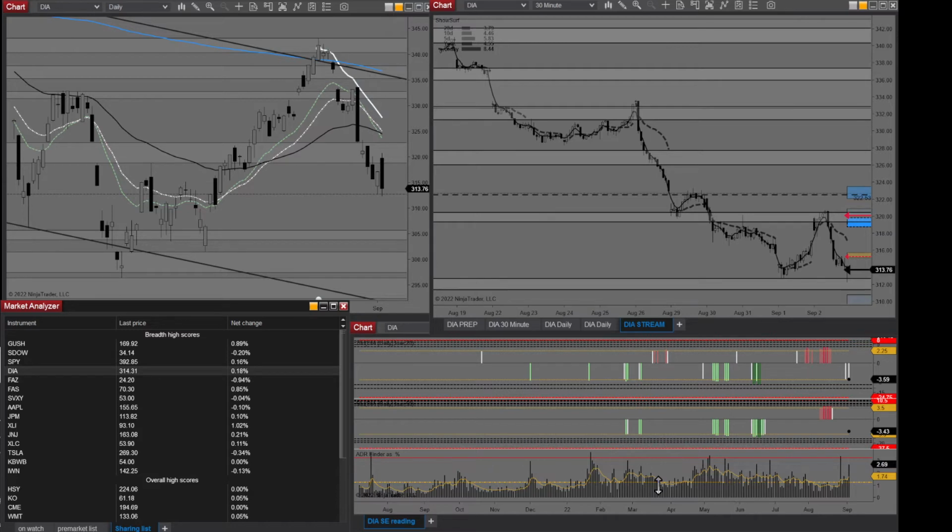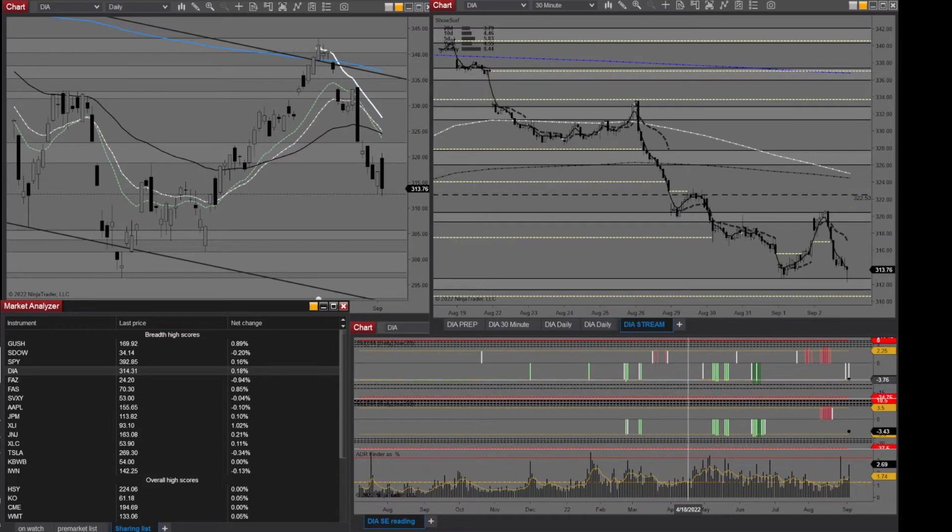The algorithm's work here is to find those symmetrical extremes. It's the deviation, how far away we are from the 20-day or 50-day, or whatever moving average you want to track. Maybe you're a much higher time frame trader, and you track these on weekly or monthly moving averages to find when something's way outside of the extreme.